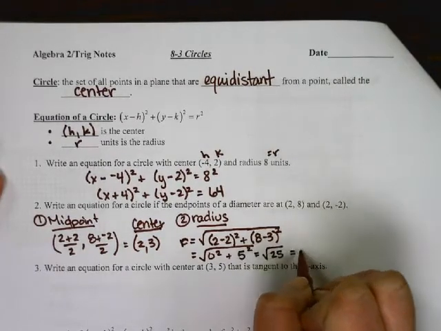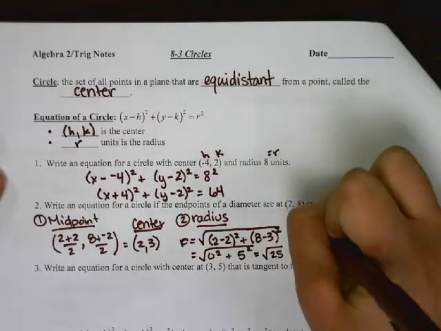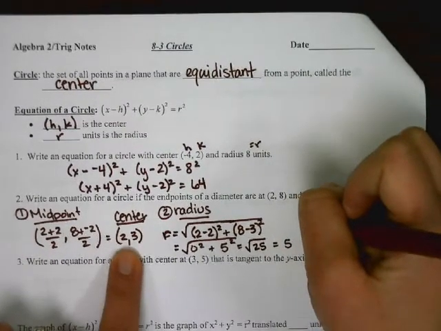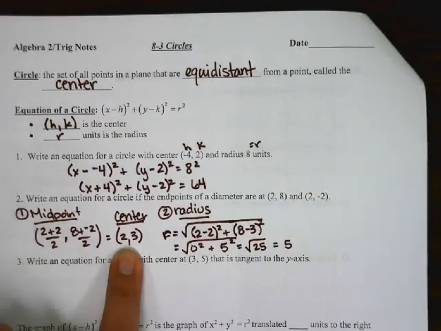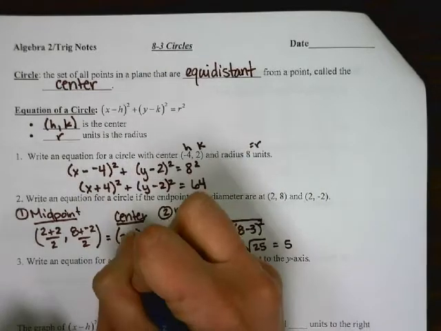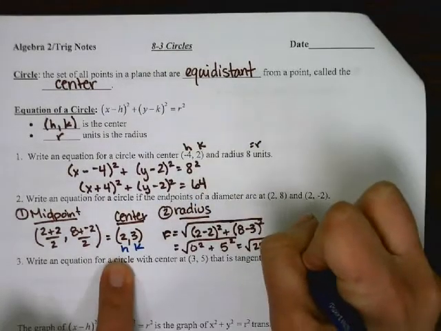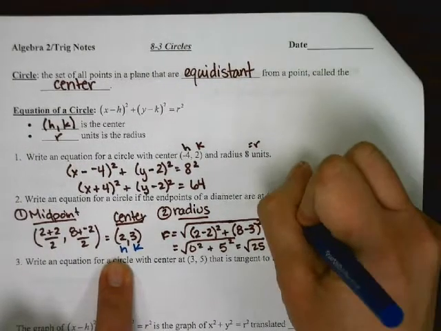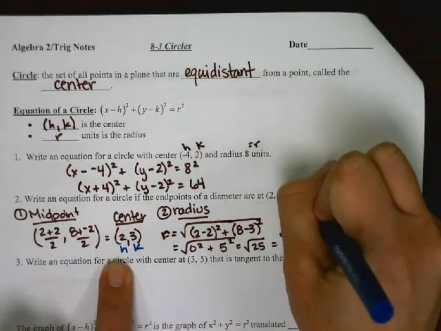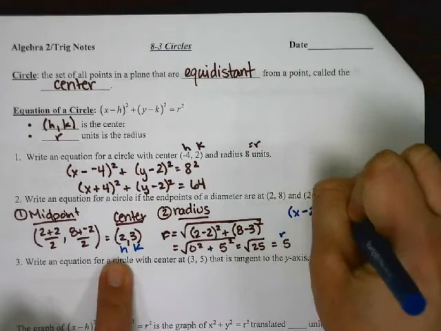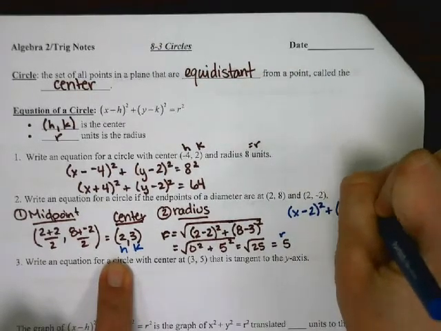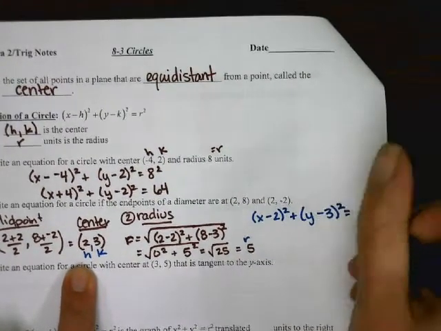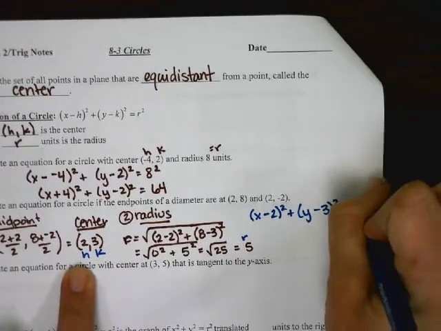Square root of 25 is 5. Alright, so here we go. There's my h and my k. There's my r. (x − 2)² + (y − 3)² = 5², or 25.